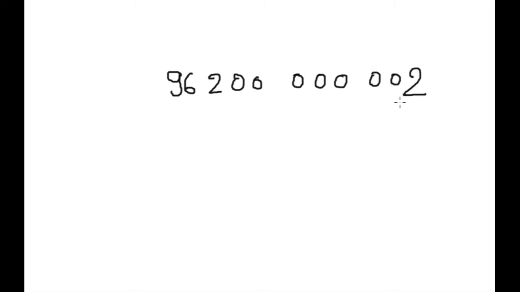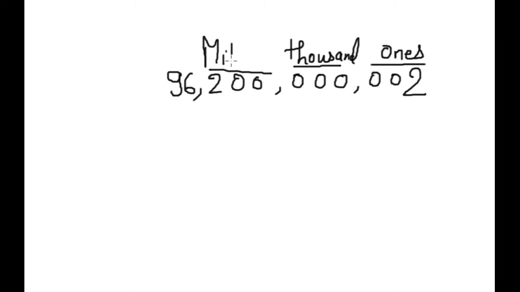So our next example is 9620000002. First step, put a comma after every 3 digits. Now divide in periods. This is ones, this is 1000, this is million, and this is billion.